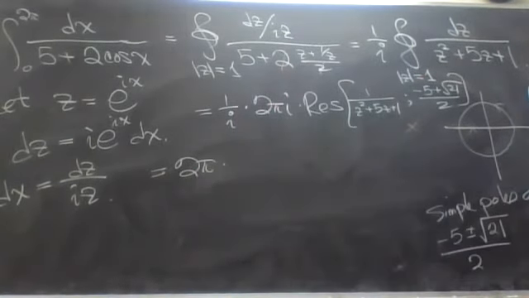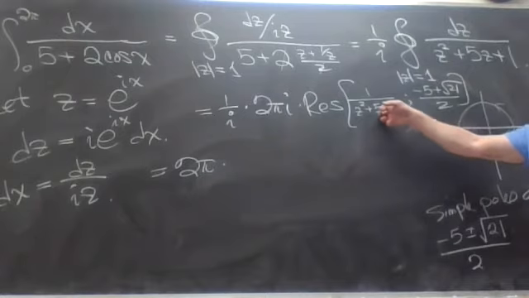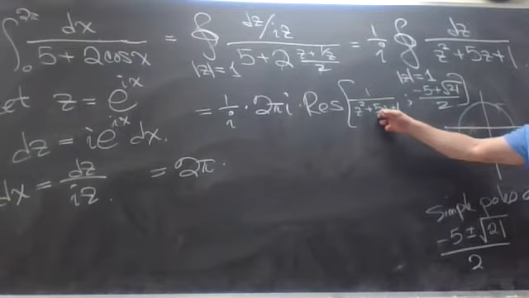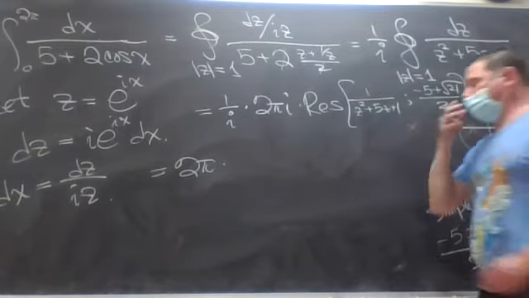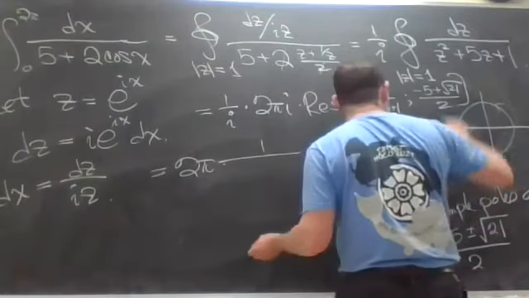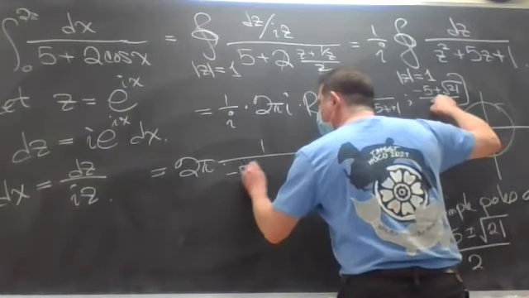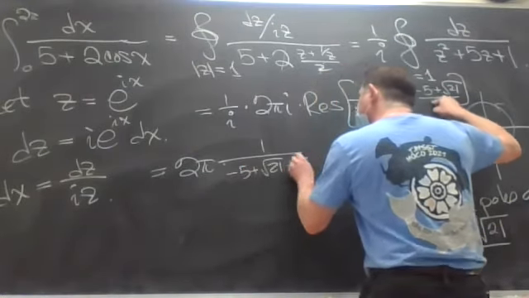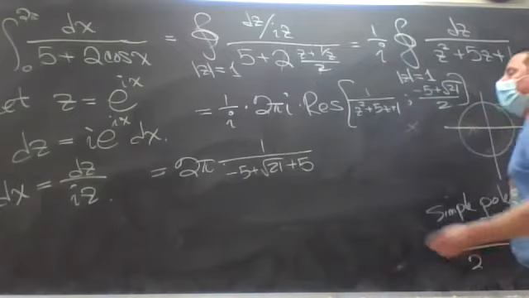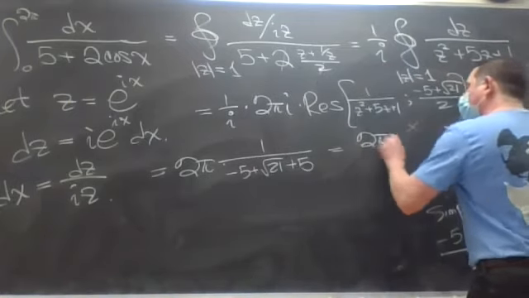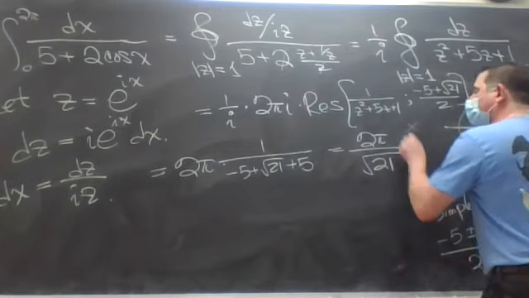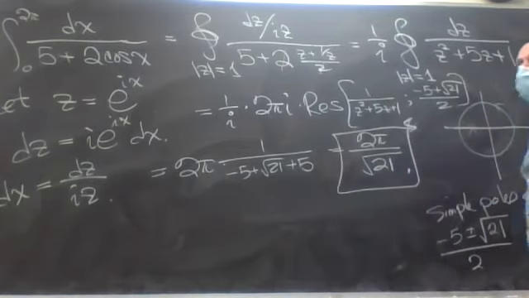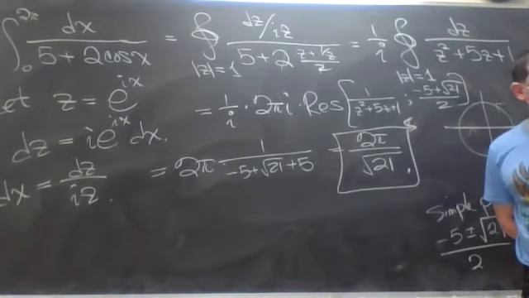That's 2 pi times... all right, I'm going to do a residue. It's a simple pole. I can think of it as L'Hopital. I'll get 2z plus 5 in the denominator. 1 over 2 times this plus 5. And so this gives me 2 pi divided by the square root of 21.